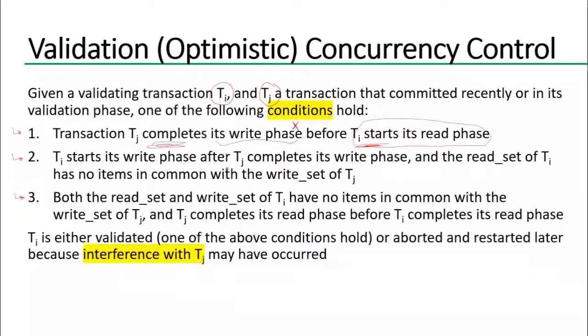So this is very optimistic. We are basically validating the interference between transactions TI and TJ. Again, the conditions are very intuitive. We don't need to memorize them.